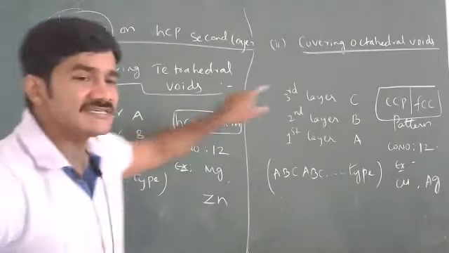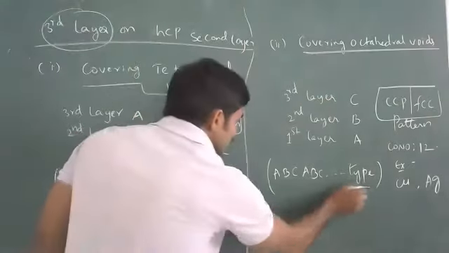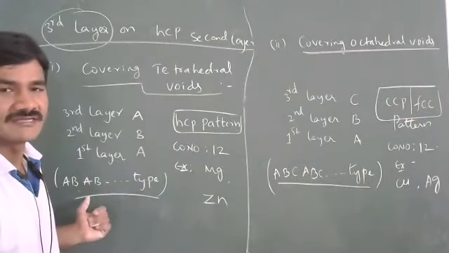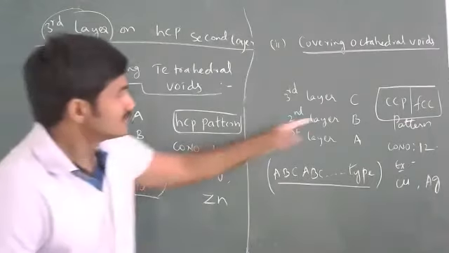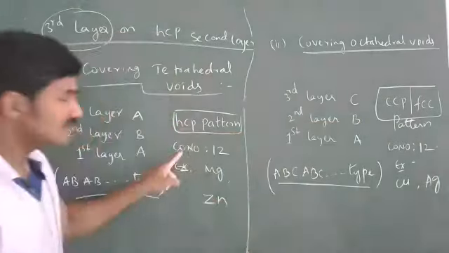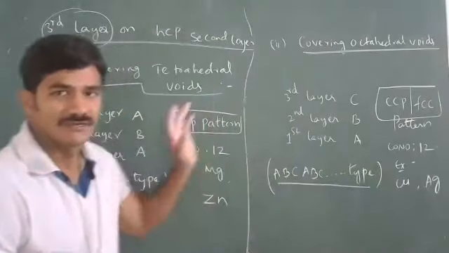Both HCP, CCP, FCC, everything is the same. Only difference is the type of arrangement. HCP is AB type of arrangement. CCP is ABC type of arrangement.